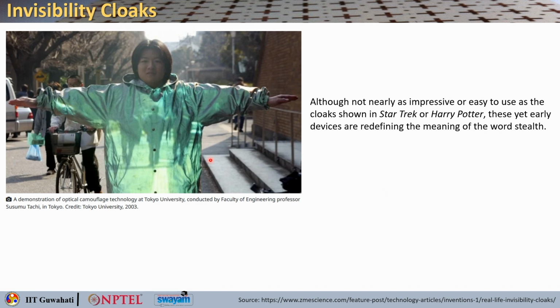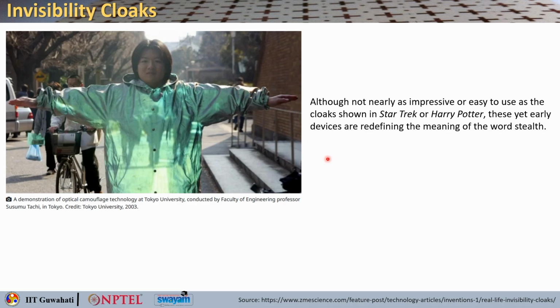So, here is a picture of a demonstration of optical camouflage technology at Tokyo University, okay. As you can see, although it is not perfect, it is still telling you that you can go towards that technology with further improvement, right.